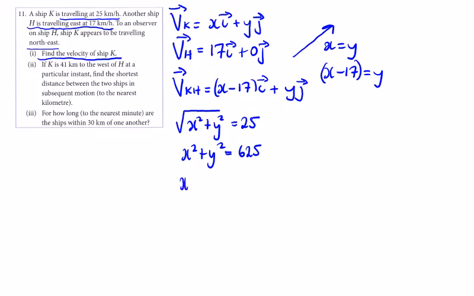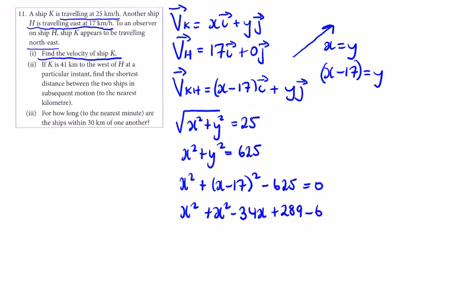So we're going to have x squared plus (x minus 17) squared, which is y squared, minus 625 equal to 0. So we get x squared plus x squared minus 34x plus 17 squared, which is 289, minus 625 equal to 0.